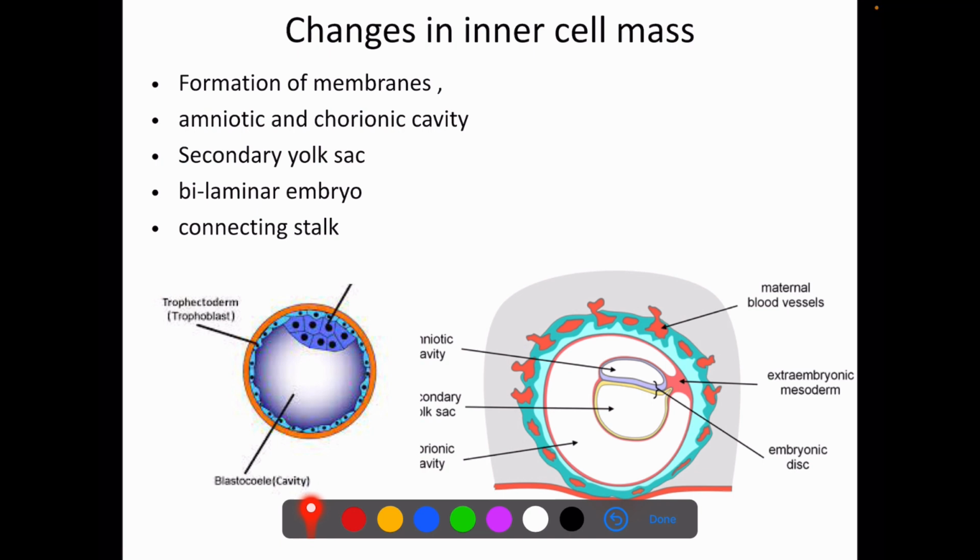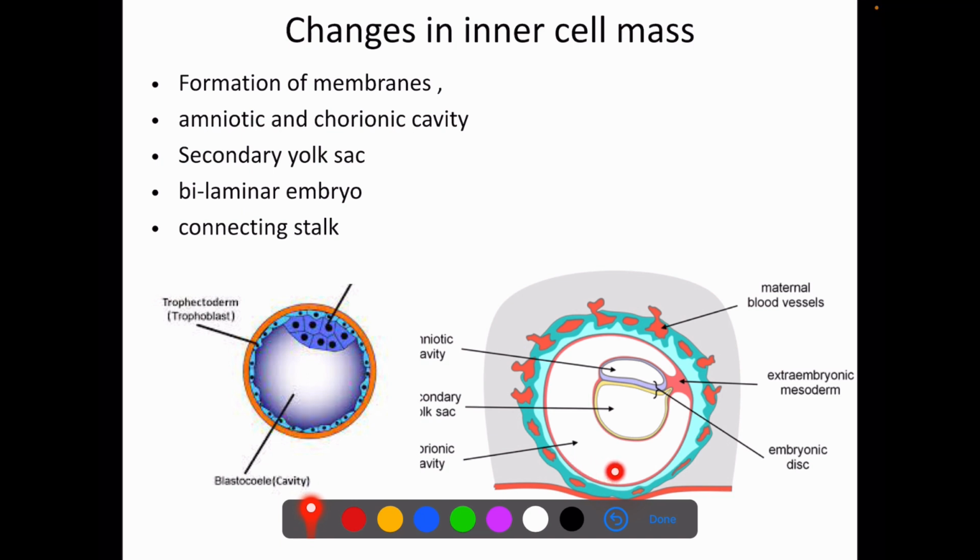So this is the inner cell mass which is fully developed by the end of second week. Okay, and we will focus ourselves here. Now as the development proceeds, there is formation of the extra embryonic mesoderm on the outer aspect within this trophoblast.